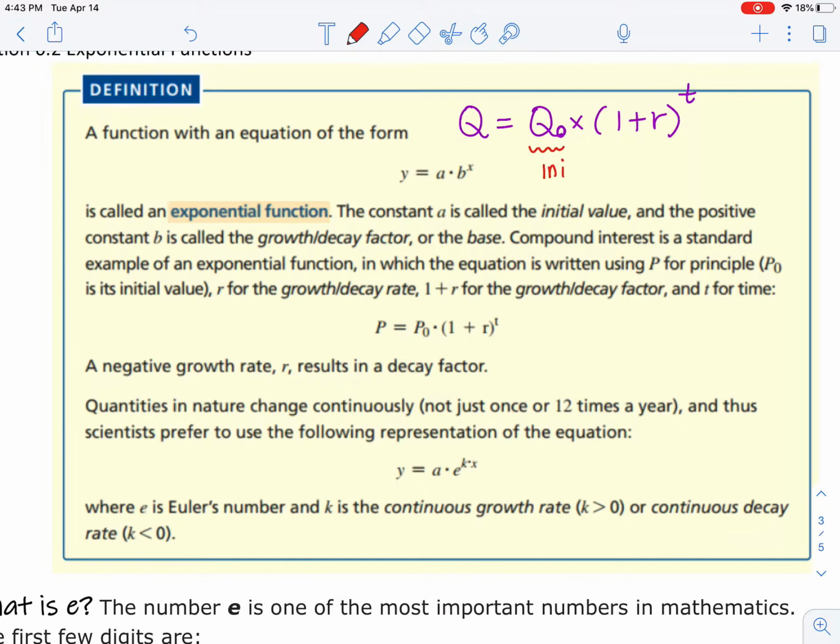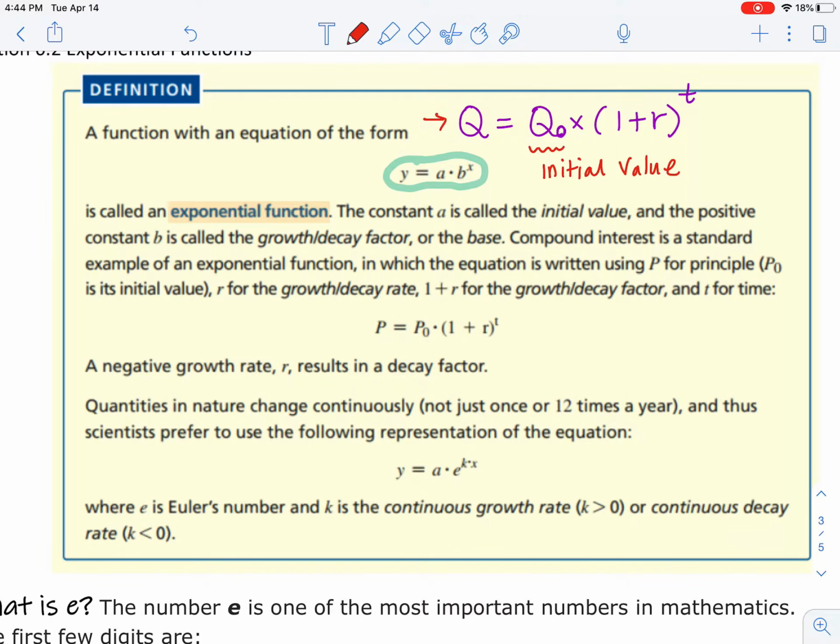I meant to put Q naught, where this Q naught was the initial value, and we had the rate given, but this is the standard form, y equals a times b raised to the x power.